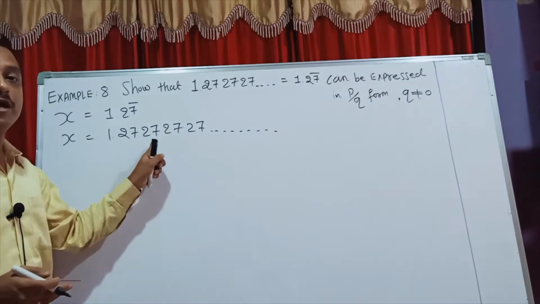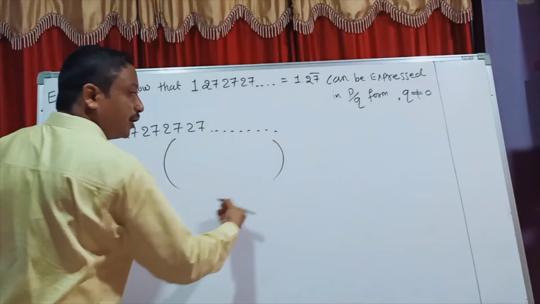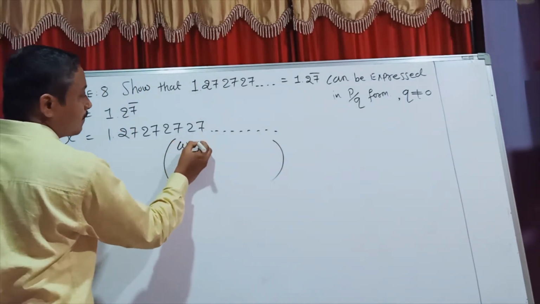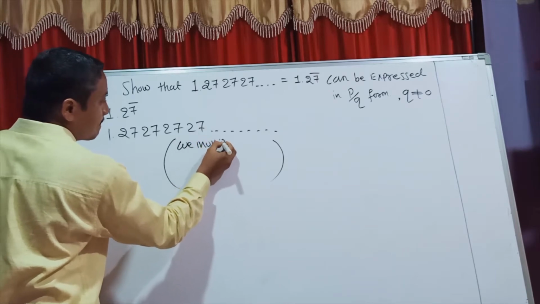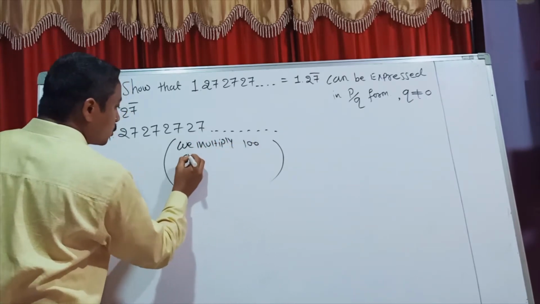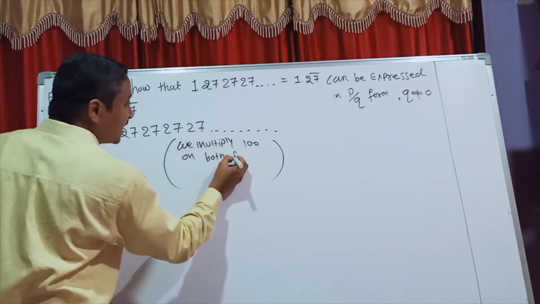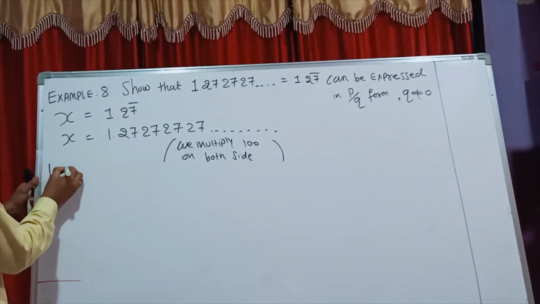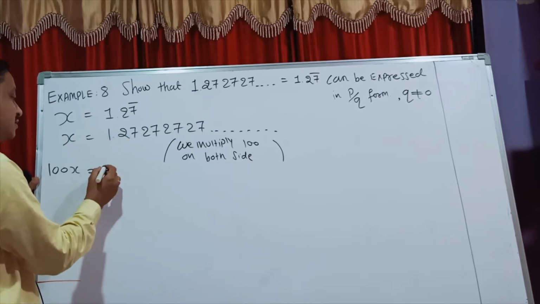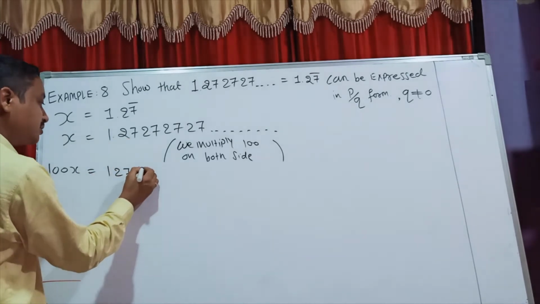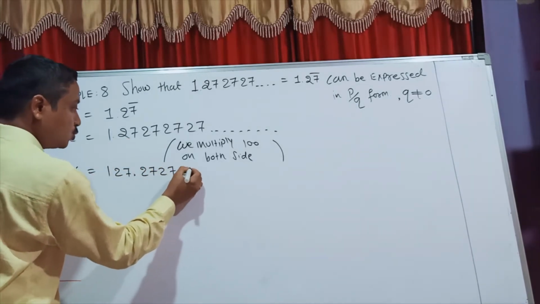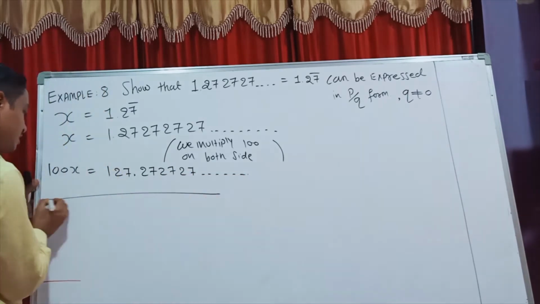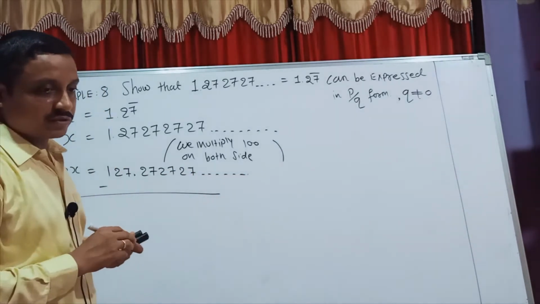So here I multiply by 100 on both sides. So we get 100x, and here 100 multiplied gives 127.272727, and these two are subtracted.